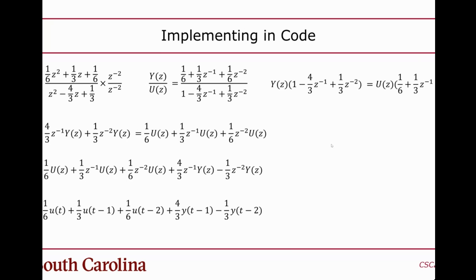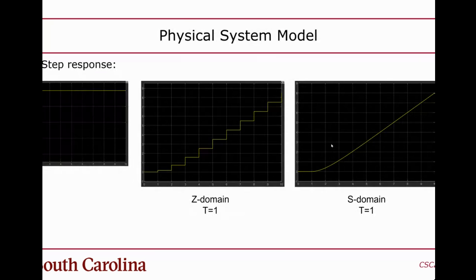That's pretty cool, right? The previous Y, well, I know what that is. It's whatever I output in the last sample. And then minus 1/3 times the output value I generated two samples ago. And then I sum all this up, and I get the current output value.